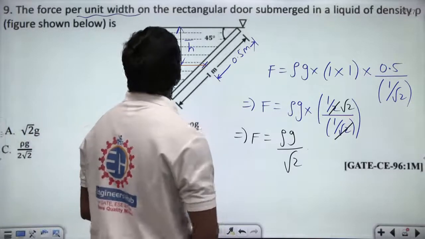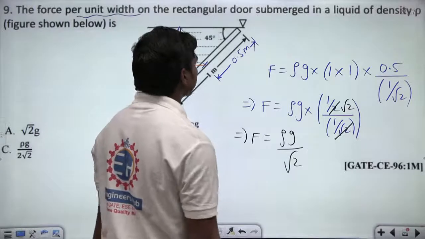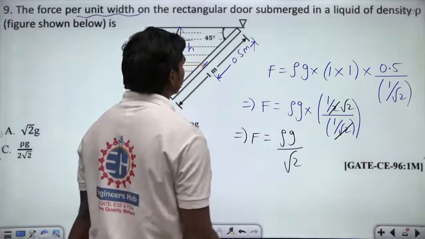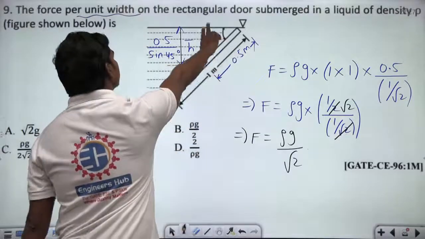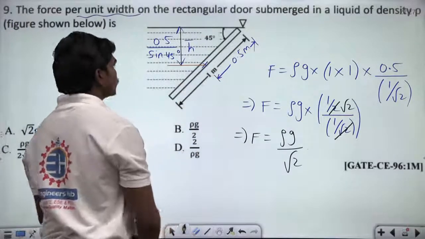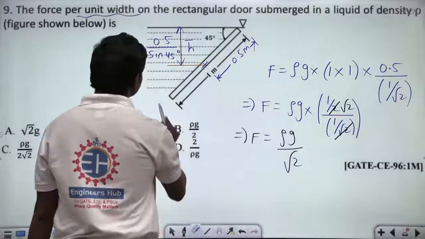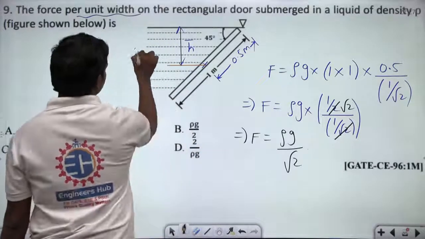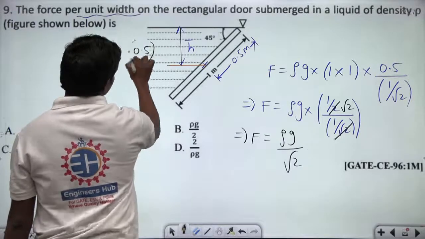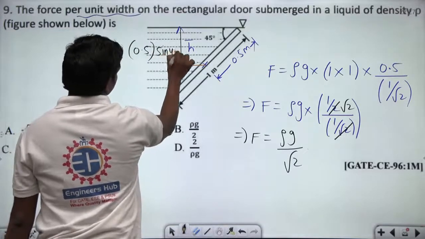So they are asking the force per unit width on the rectangular door, of course, submerged in a liquid. So density into gravity into 1 into, if this is 0.5, then definitely this height could be, this is 0.5 into sin 45, correct? I'm sorry, because this is the opposite side, so this is 0.5 into sin 45. Okay, so 0.5 into sin 45 degrees, a basic trigonometry.